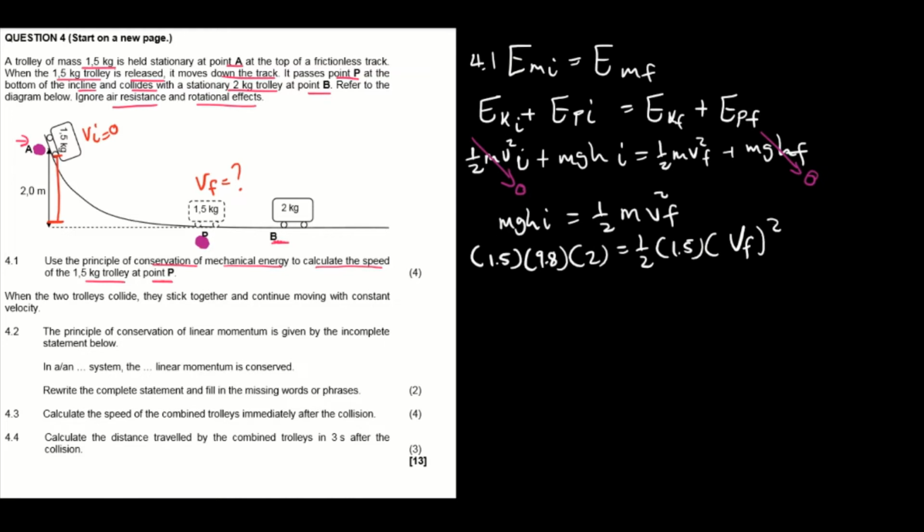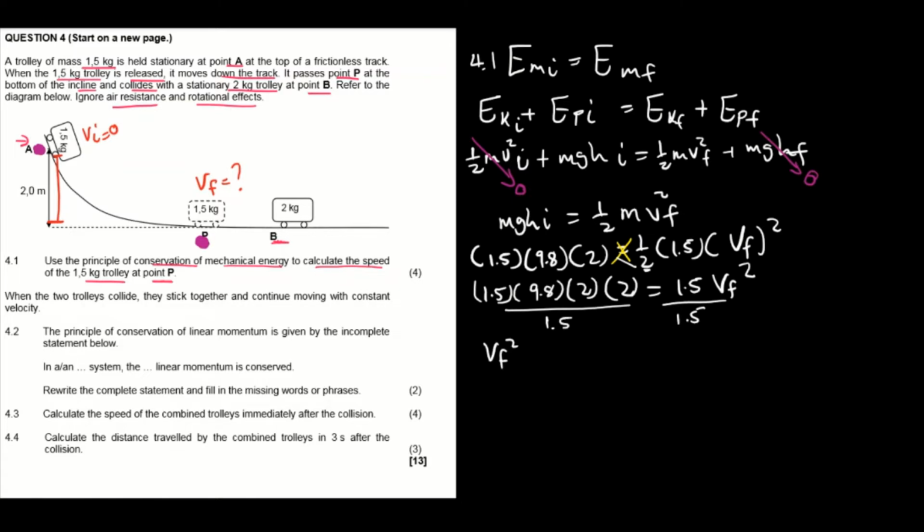So we're going to cross multiply here: 1.5 multiplied by 9.8 multiplied by 2 and multiplied by 2, equals 1.5 V final squared, divided by 1.5 on both sides.